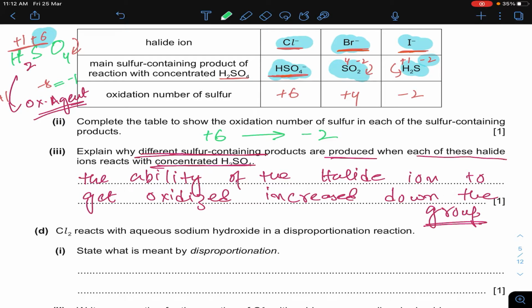And when H2SO4 reacts with bromide, the oxidation state changes from +6 to +4. So there is a decrease of 2. So that means iodide can be far more easily oxidized as compared to bromide ion. So why are we getting different products? Because the ability of the halides to get oxidized increases down the group when reacting with sulfuric acid.